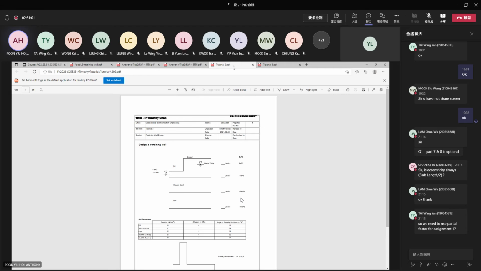Tutorial 2 and tutorial 3 are the same, except tutorial 2 will be using the global safety factor, and tutorial 3 will be using the partial safety factor.